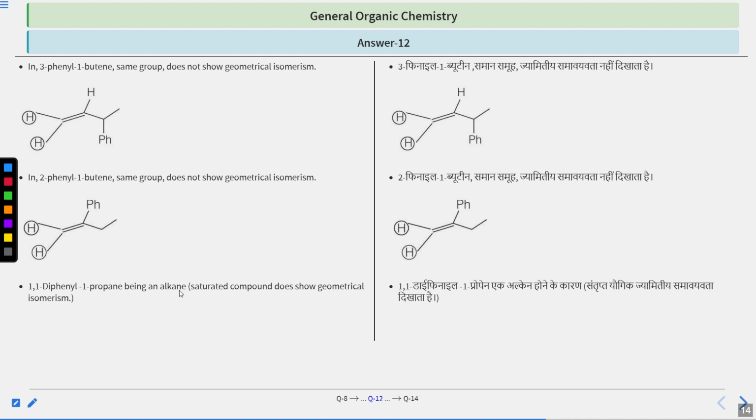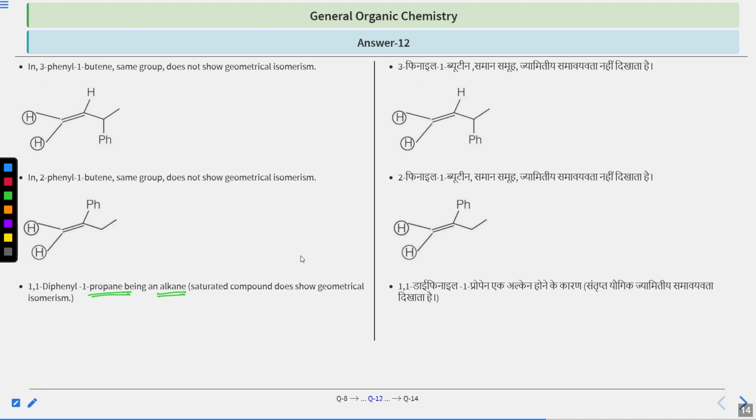1,1-diphenyl-1-propane, being an alkane, a saturated compound, does not show geometrical isomerism. As the name says, propane is written here, so it is an alkane, a saturated compound.